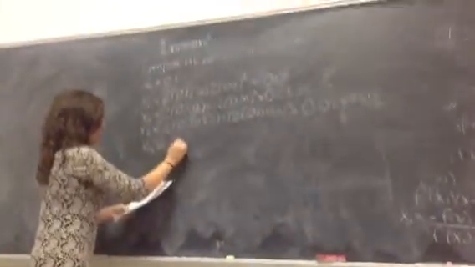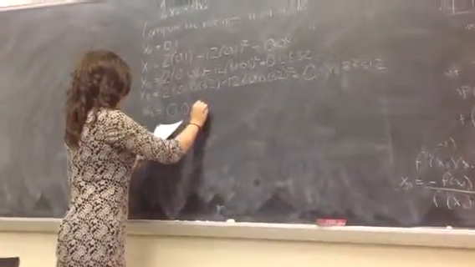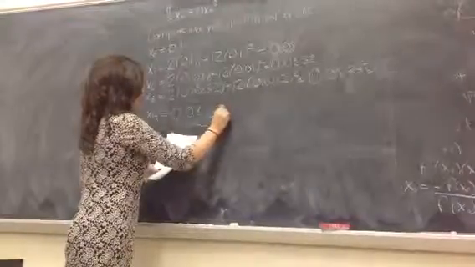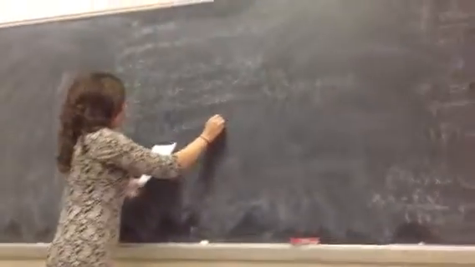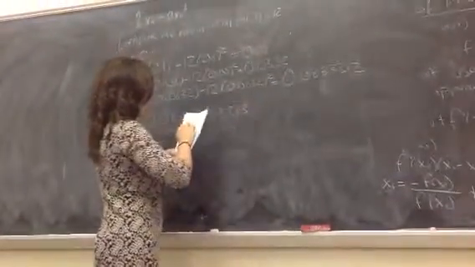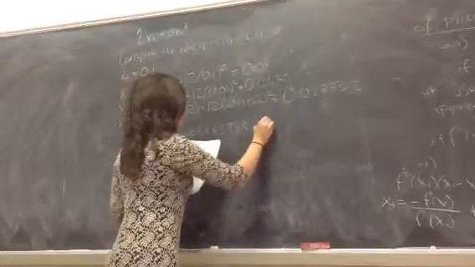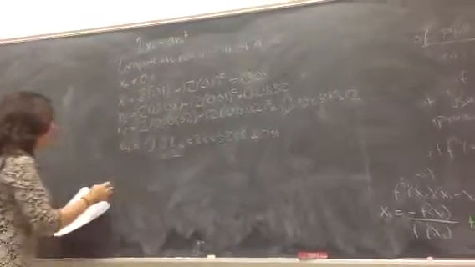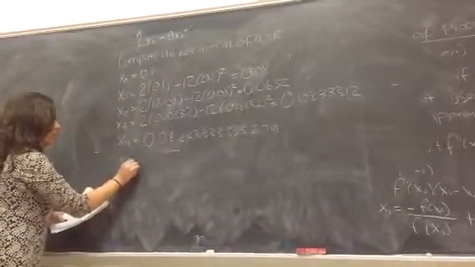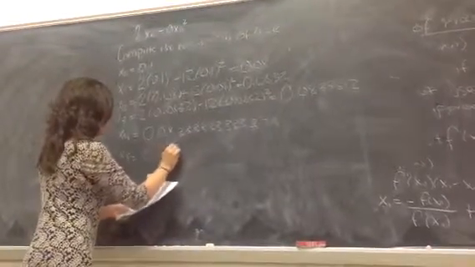The next one just gives 0.08, 4, and then 2, 7, 9. And then we can just go ahead and compute one more. So we get 0.08.